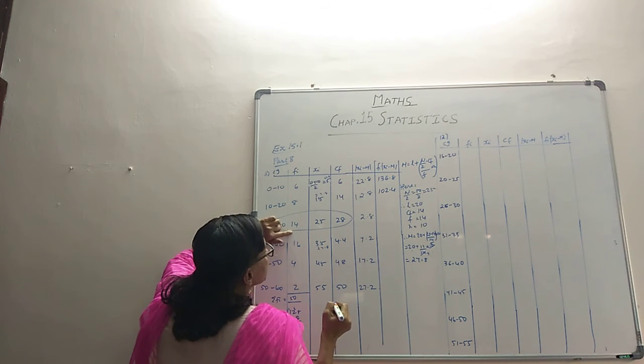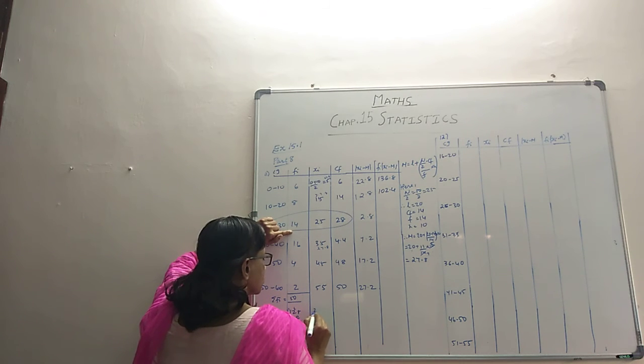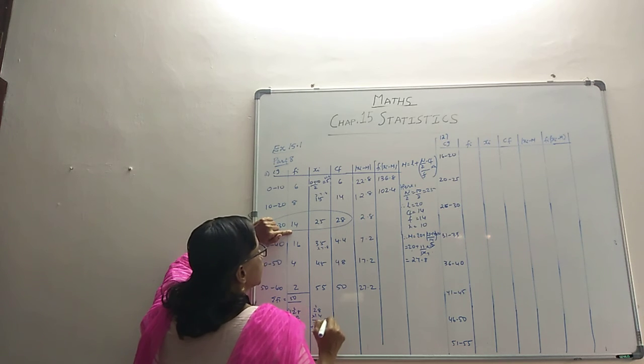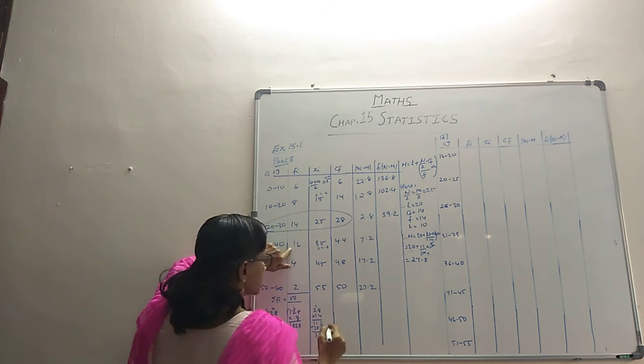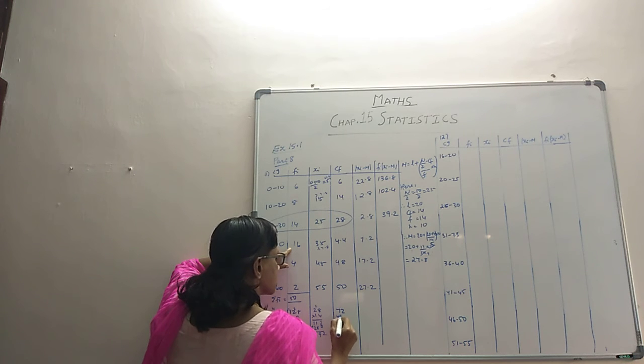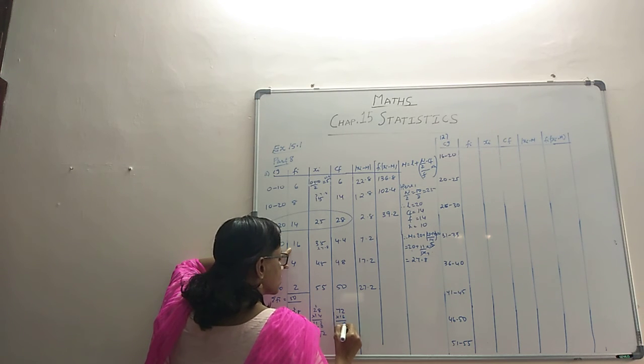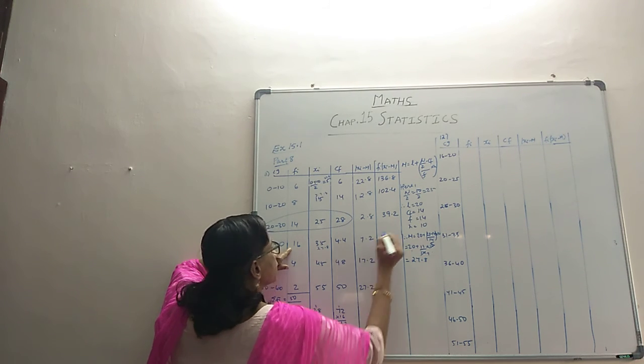Then 2.8 into 14. 8 4s are 32, 4 2s are 8, 11, giving 392 with 1 decimal, so 39.2. Then 7.2 into 16, which gives 115.2.